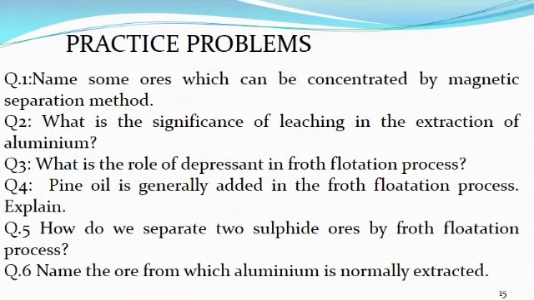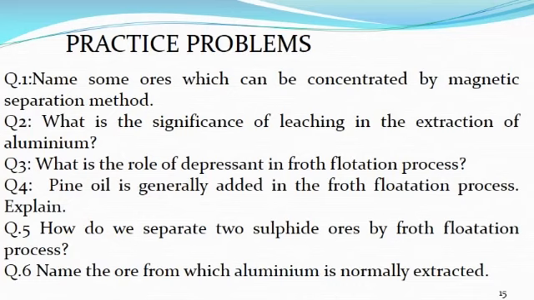Now let's see some practice problems related to today's section. Question number 1. Name some ores which can be concentrated by magnetic separation method. Question number 2. What is the significance of leaching in the extraction of aluminium? 3.